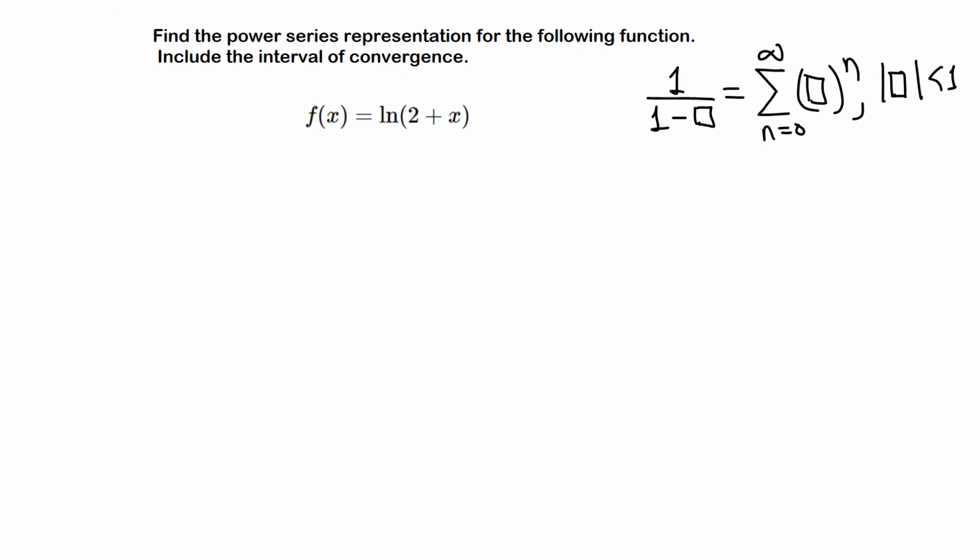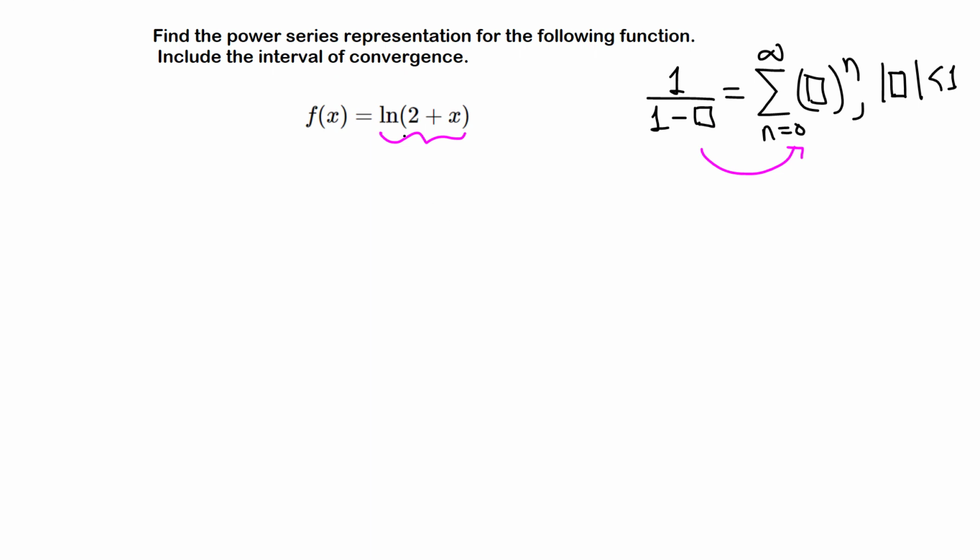Okay, so all that means as soon as we have a form something like 1 over 1 minus something, then we can write a power series in this way. But our question, this is not a fraction.